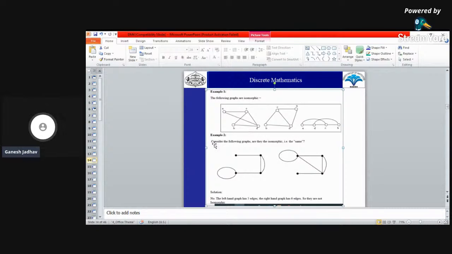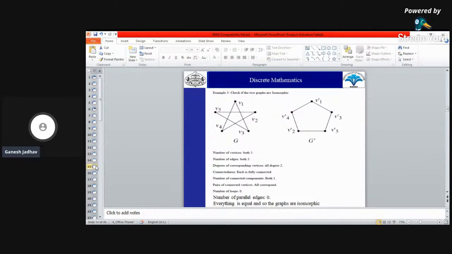But in example 2, here there are 5 edges, but in this graph there are 6 edges. So the number of edges is not equal, and we can say that this is not an isomorphic graph.